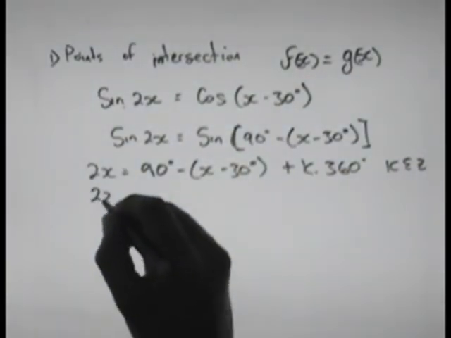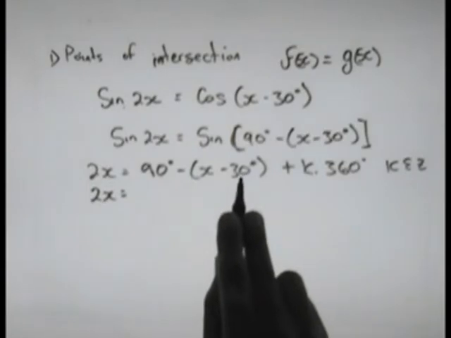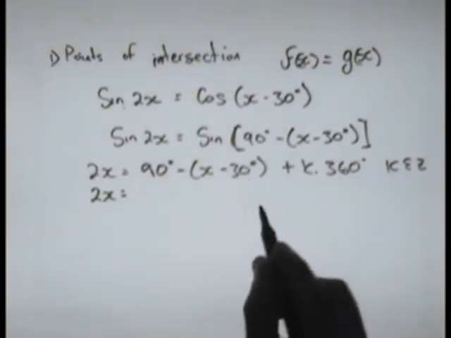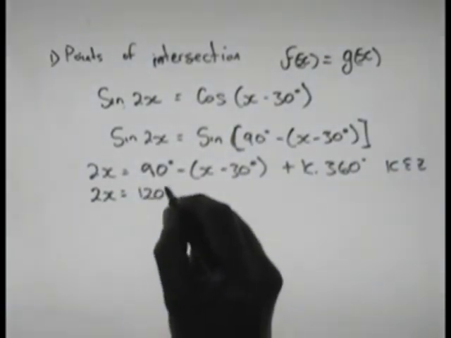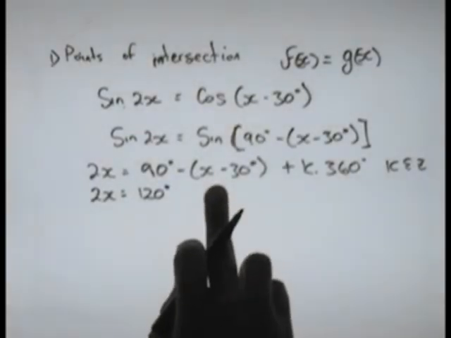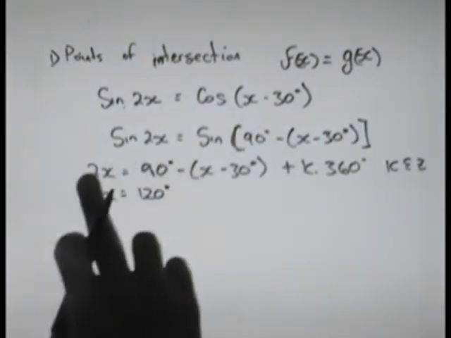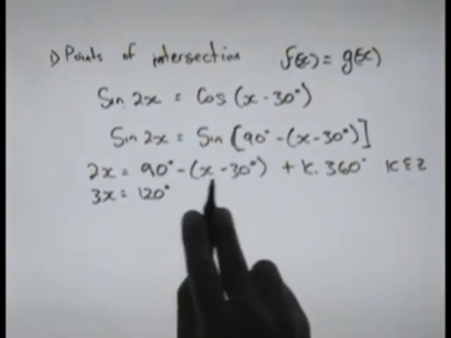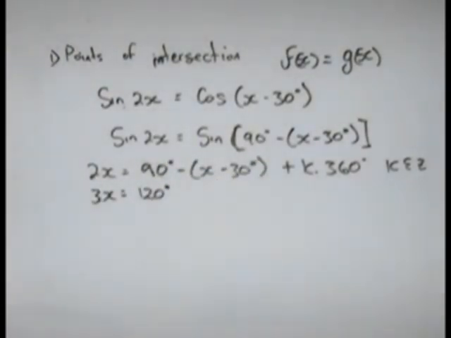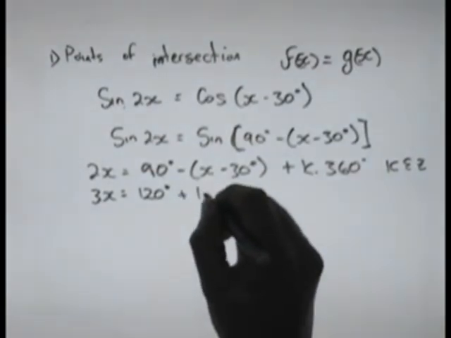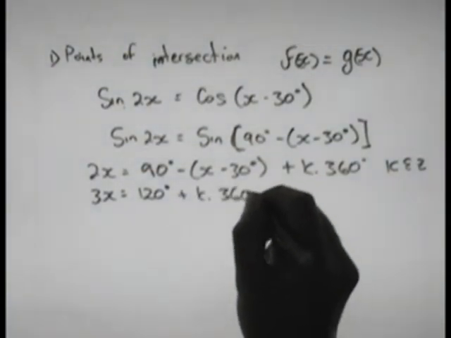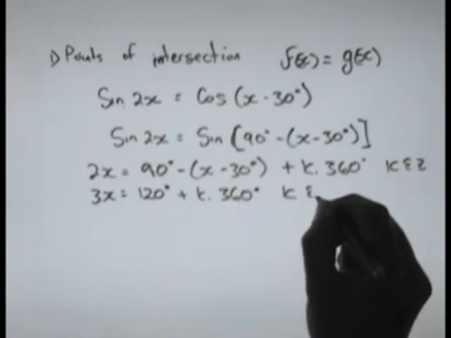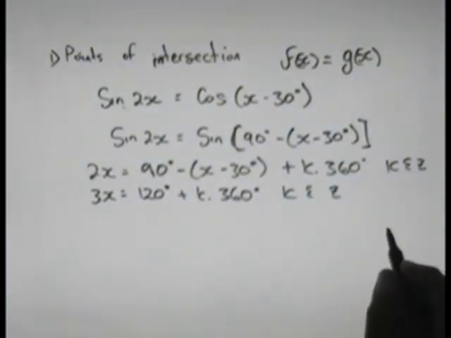This will now read 2x is equal to 90 minus times a minus is plus 30, which is 120 degrees, minus x, but that minus x can be taken over to make that positive 3x, 2x plus x. 3x is equal to 120 degrees plus k times 360 degrees, where k is an element of integers.